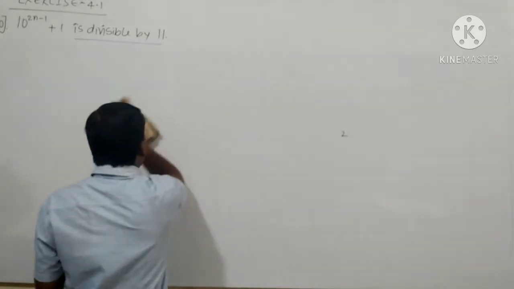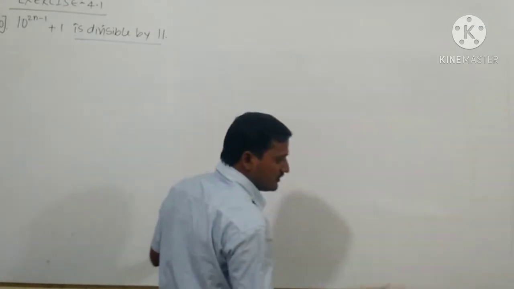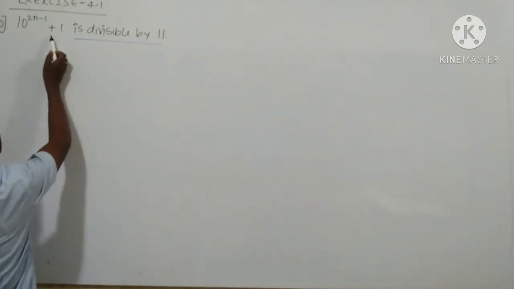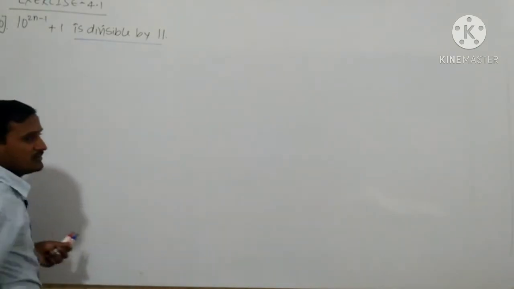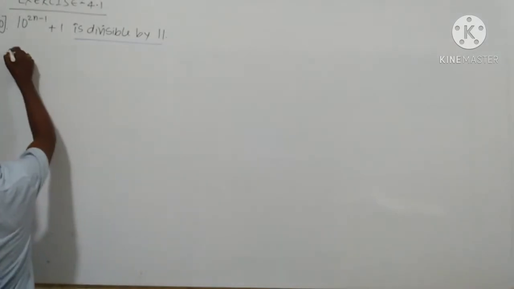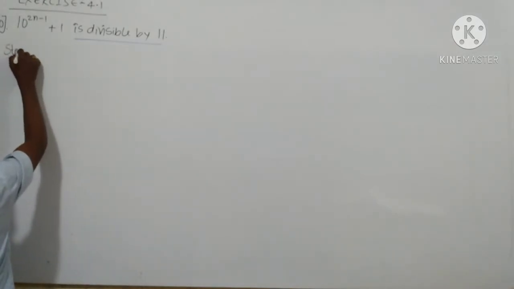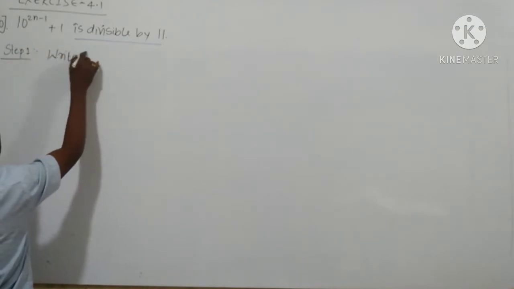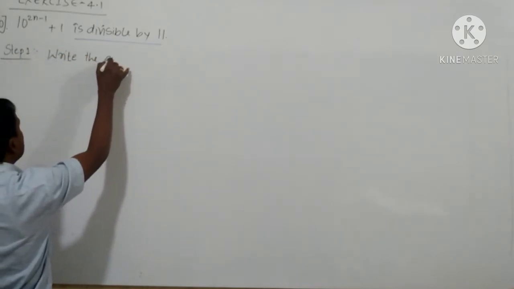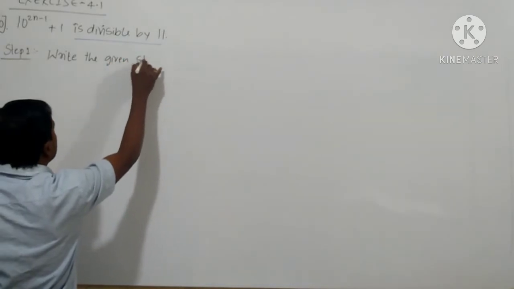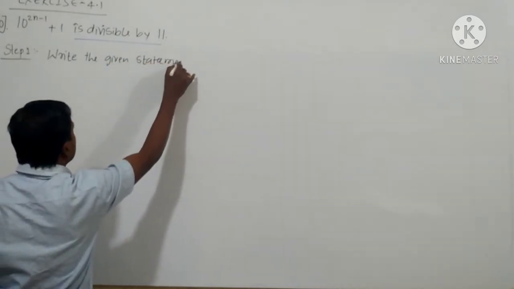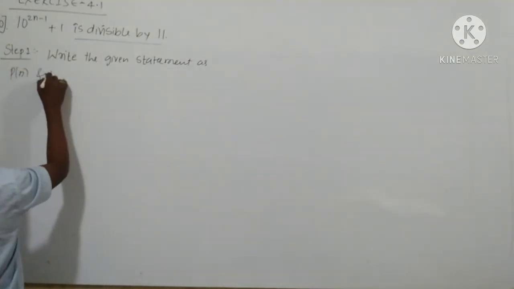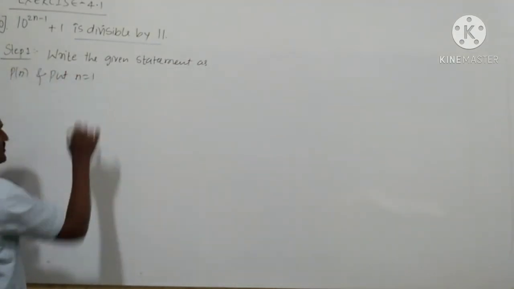Here also we have to use the same concept. So what have they given? They have given 10 to the power 2n minus 1 plus 1 is divisible by 11. So we are proving this using mathematical induction. Step 1: write the given statement as p of n, and put n is equal to 1.